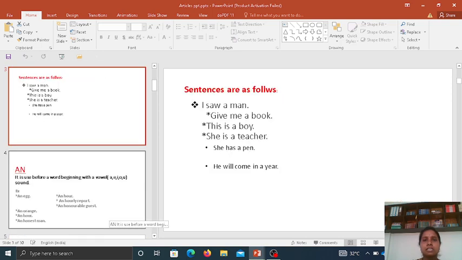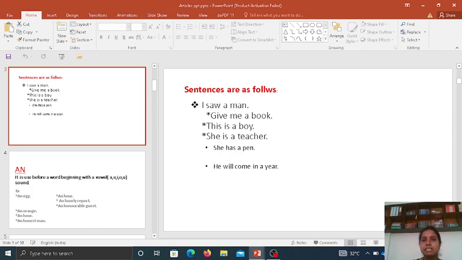Some sentences are as follows according to a. I saw a man. A man means only one man, and that is indefinite. The second one is: give me a book. The book can be of any type, so that's why I use a here.